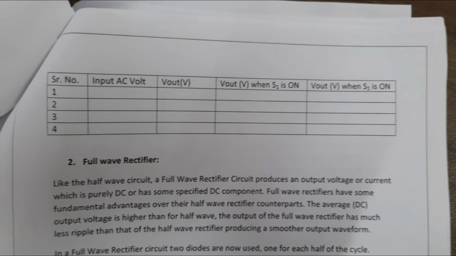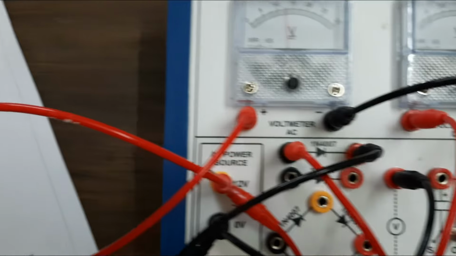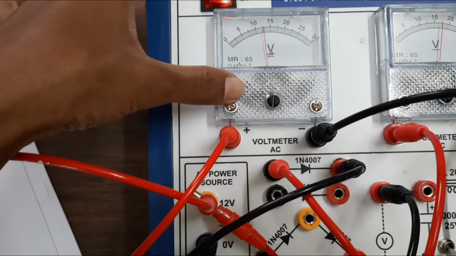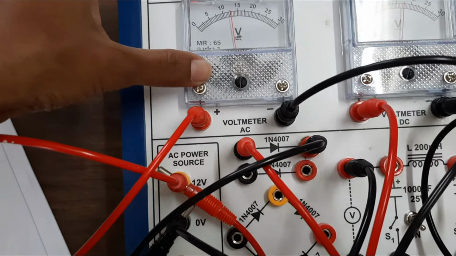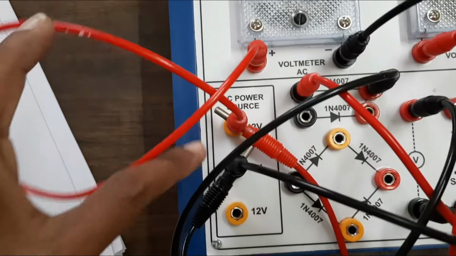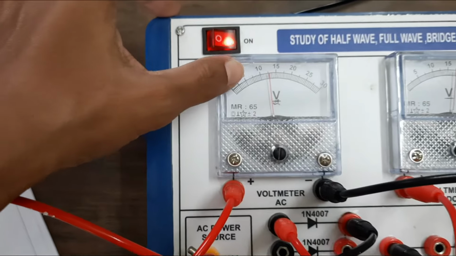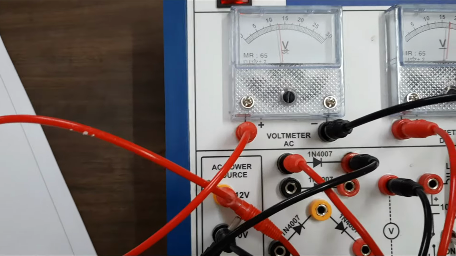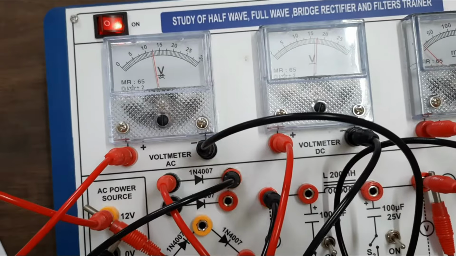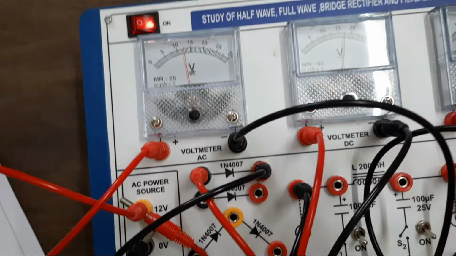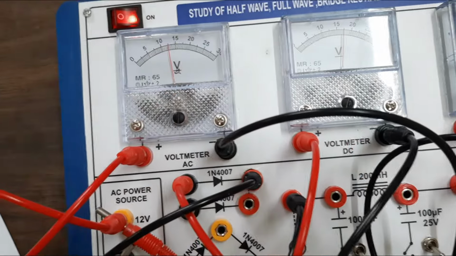In the tabular column we should note down the AC input voltage. Because it is reading 12 volt, we have applied an input of 12 volt. Then the corresponding output voltage, this is the DC voltage, you should note down.